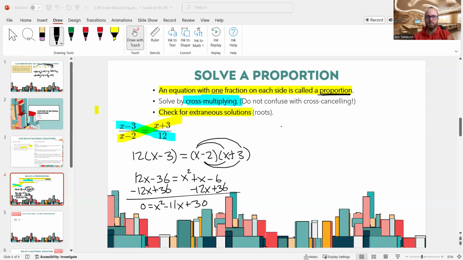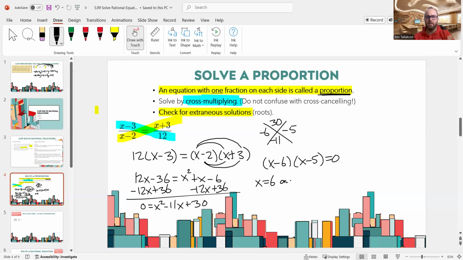So we're going to use the x method, a times c, then b, and you should find negative 6 and negative 5. So we're going to get factors of x minus 6 and x minus 5. So our answers are 6 and 5.